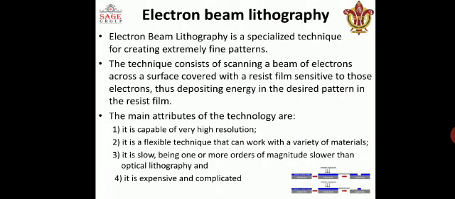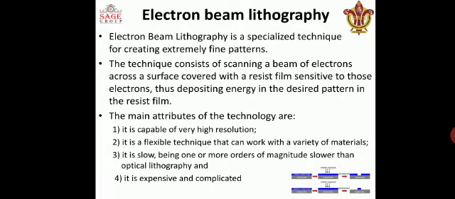A focused beam of electrons is scanned across the substrate covered by an electron-sensitive material, known as a resist, that changes its solubility according to the energy deposited by the electron beam. The area exposed or not exposed depends on the tone of the resist.